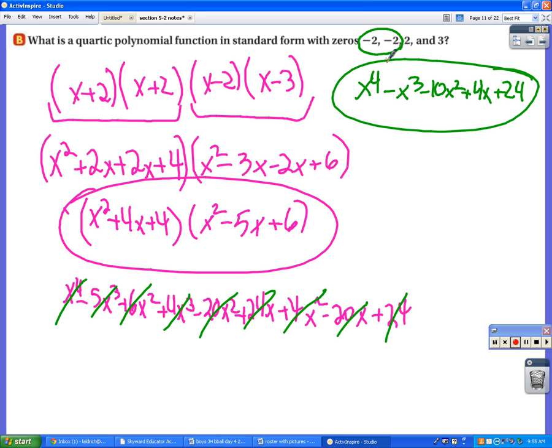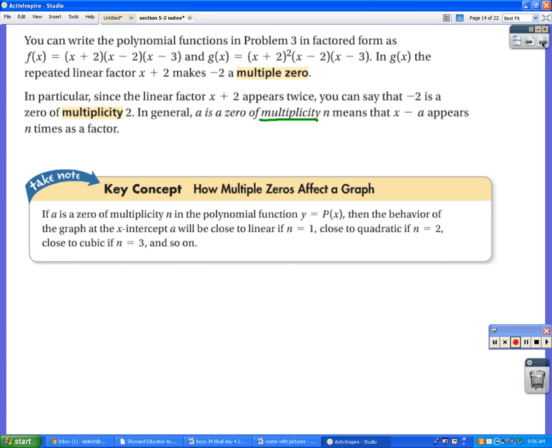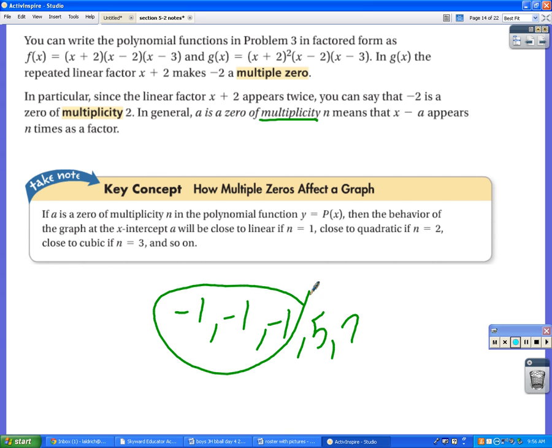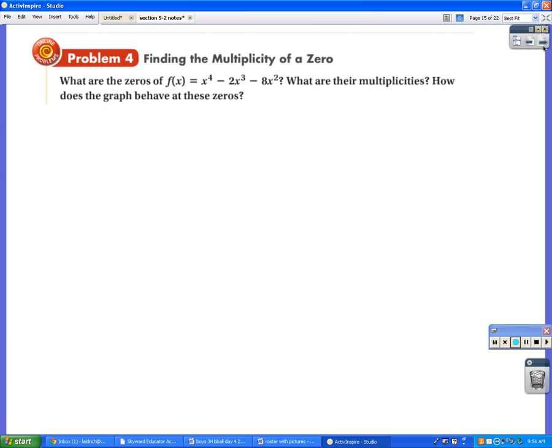If your zeros were -1, -1, -1, 5, and 7, you would say -1 has multiplicity of 3, because it came up 3 times. So the number of times it shows up is its multiplicity.